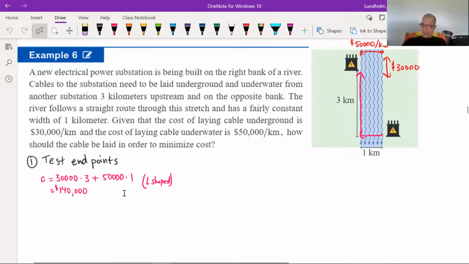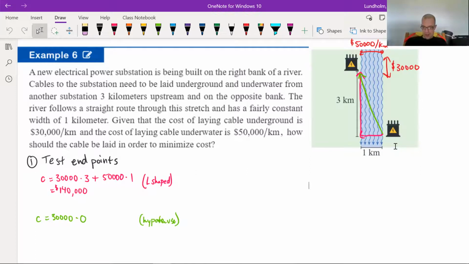If we take what maybe we'll call the hypotenuse route, where we would travel the shortest distance possible, because we'd be traveling in a straight line from one substation to the other. The problem is that we would be underwater the entire time. So for this one that maybe we call the hypotenuse, the cost would be 30,000 times 0, because we're not doing anything underground.